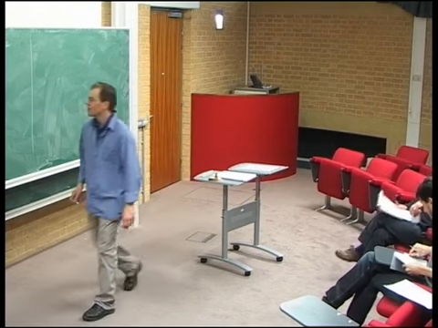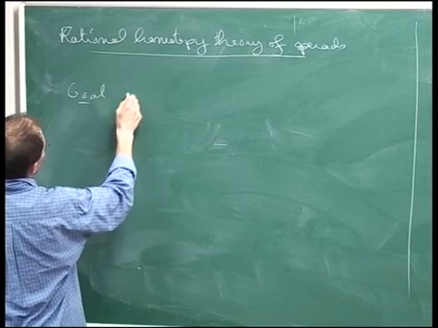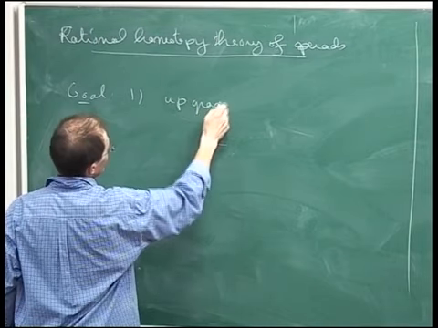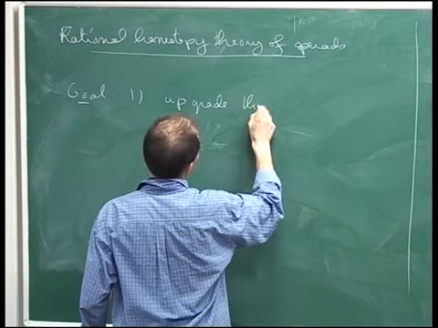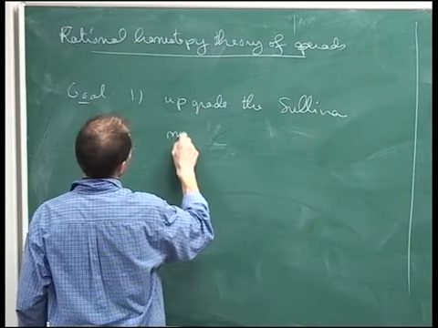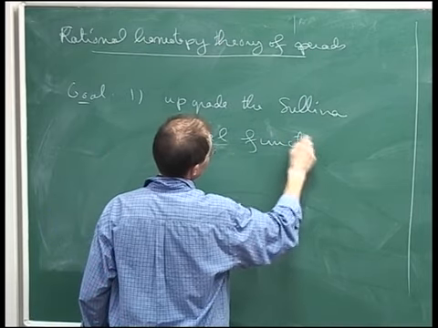So the goal of this second part, we have two goals. First, upgrade the Sullivan model functor to operads.